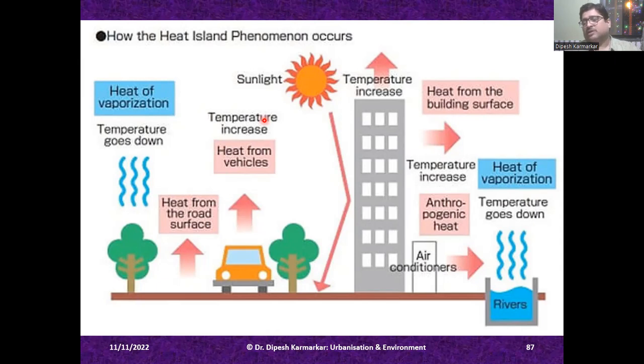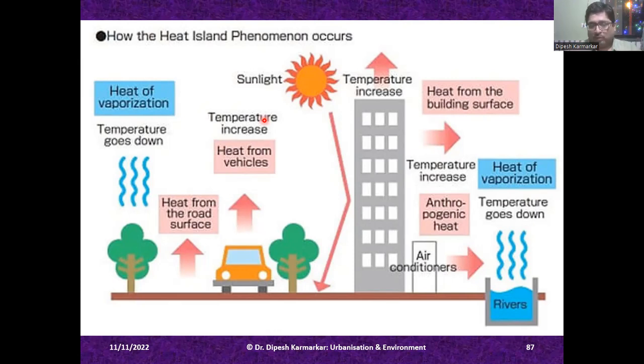And there are also some factors that help in cooling the city temperature. For example, trees or vegetation have a cooling effect, or water bodies have a cooling effect, right?